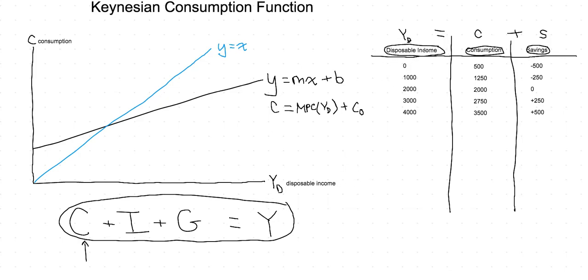As it turns out, as your disposable income increases, you'll have more savings. And so that means it'll be less effective in stimulating the aggregate demand if people save all their money, right? So that means the more people earn, the more people will save.